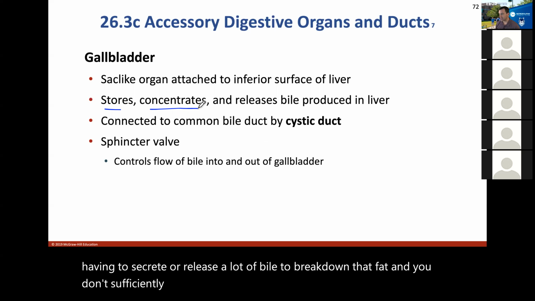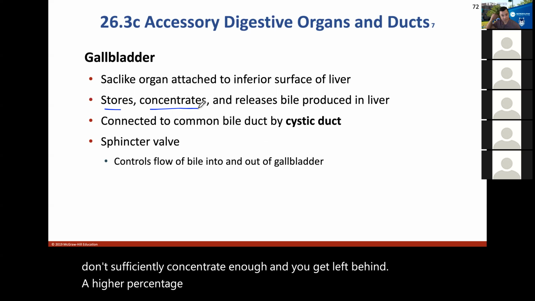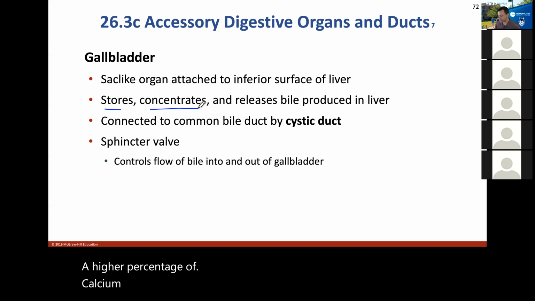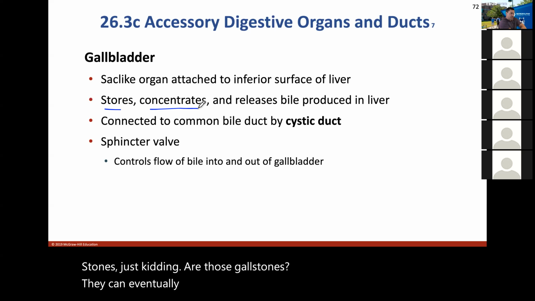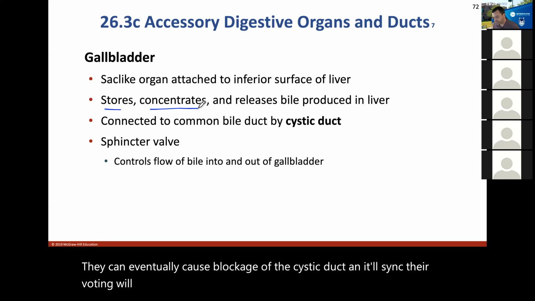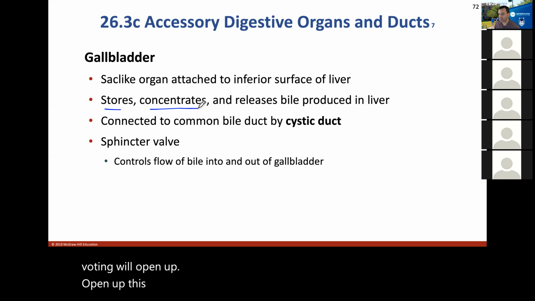You get left behind a higher percentage of calcium salts, calcium rocks, bile salts, and all those congeal into those stones, those gallstones. They can eventually cause a blockage of the cystic duct, and the sphincter of Oddi will open up the sphincter at the opening of the gallbladder, and it'll try to secrete, but nothing will happen.